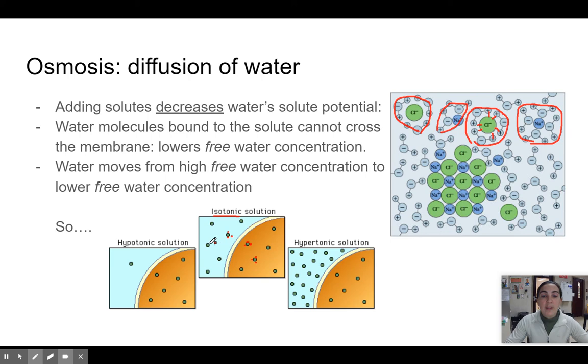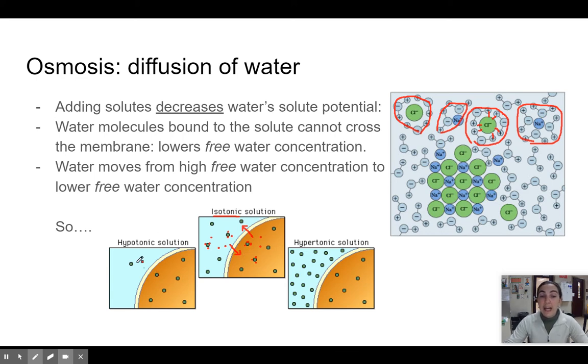So these are water molecules bound to these solute particles. But you also have some free water in between, and the concentration's about equal. So if the solution's isotonic, the water is going to just randomly move across the membrane equally in both directions. So there's no net movement. Overall, it looks like nothing's really changing because the concentrations are staying the same.